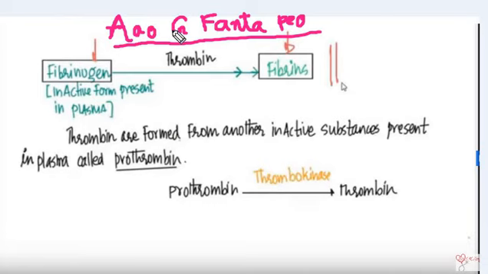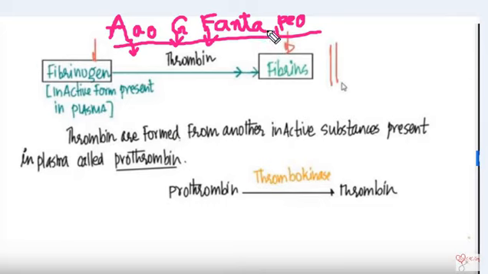That is AU, G, Fanta, PO. Fanta is one type of drink. In AU, G, the first letter A means albumins, G means globulins, F means fibrinogens, and P means prothrombins.